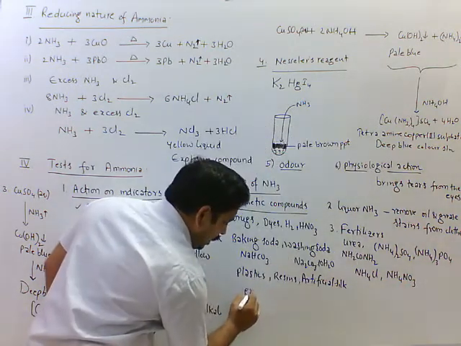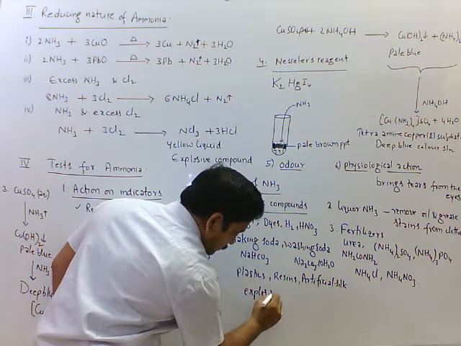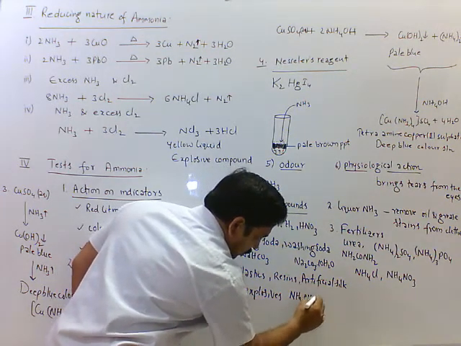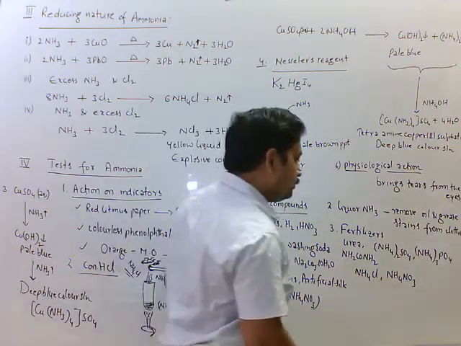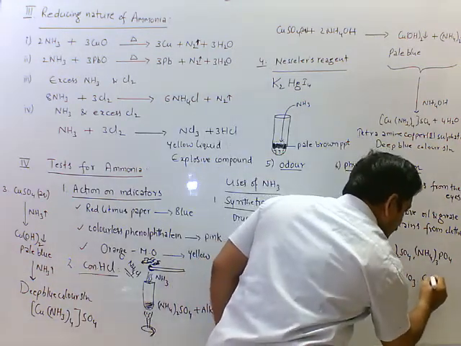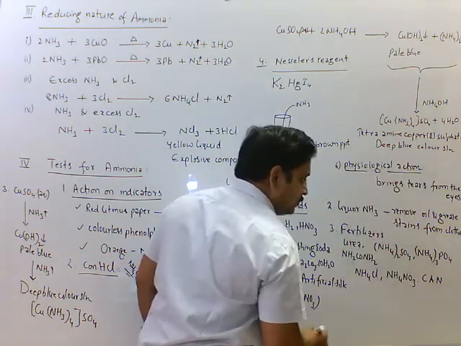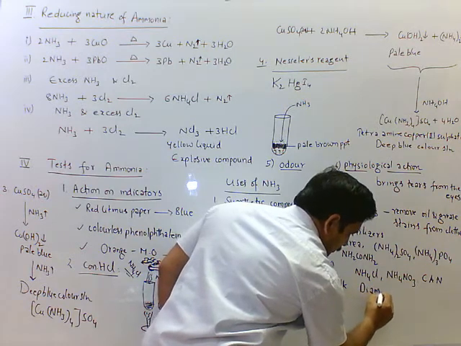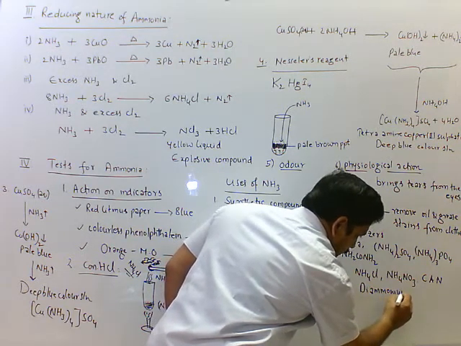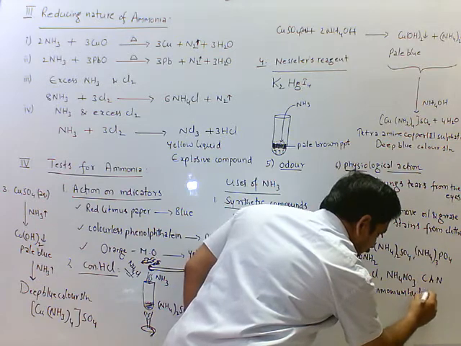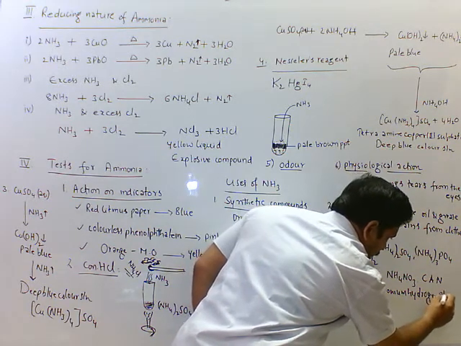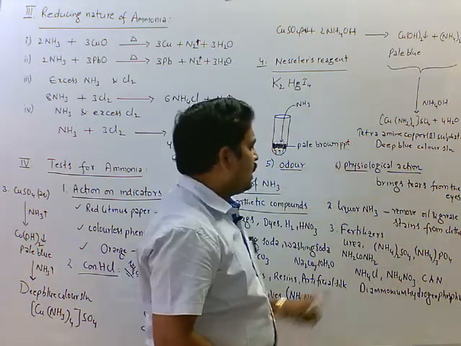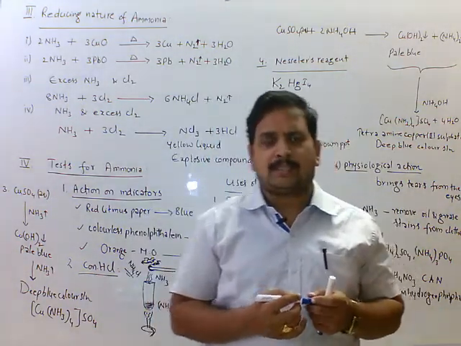Here, explosive compounds, that is ammonium nitrate is an explosive compound. Calcium ammonium nitrate, diammonium hydrogen phosphate, these all come under fertilizers.